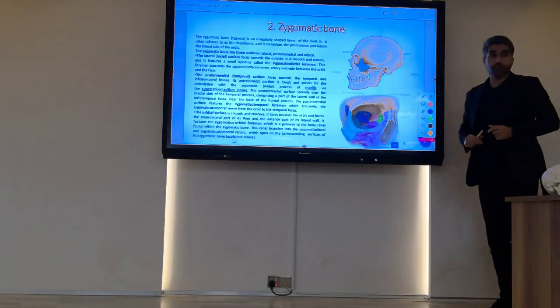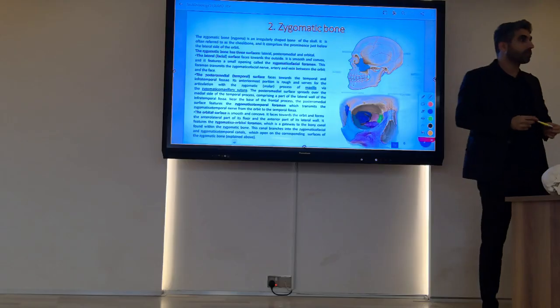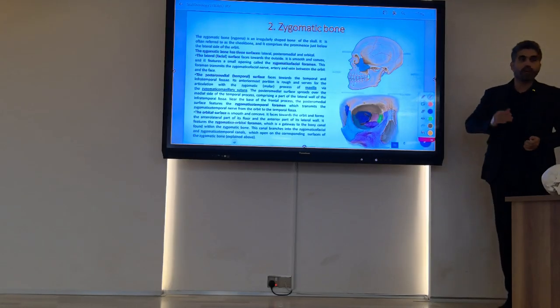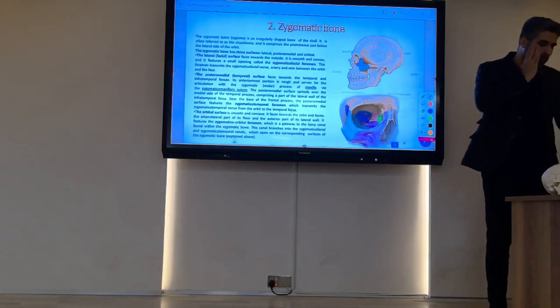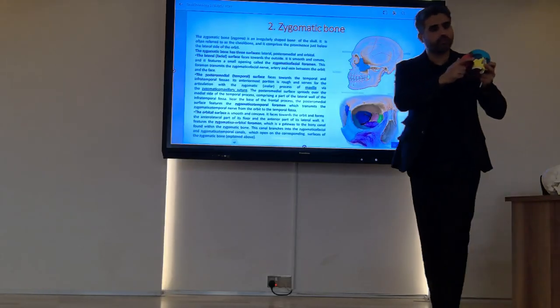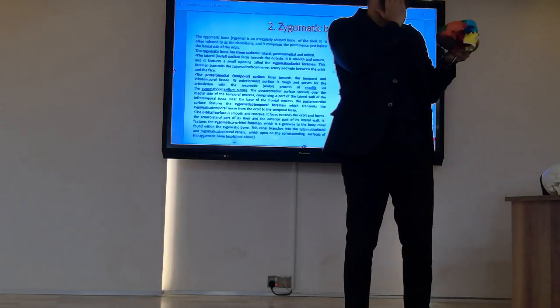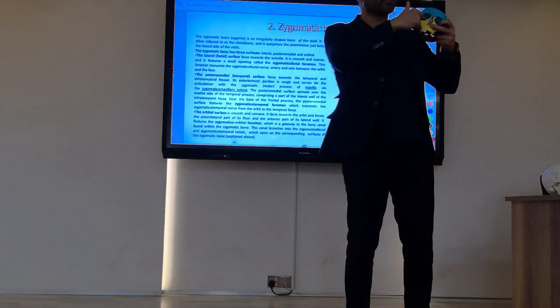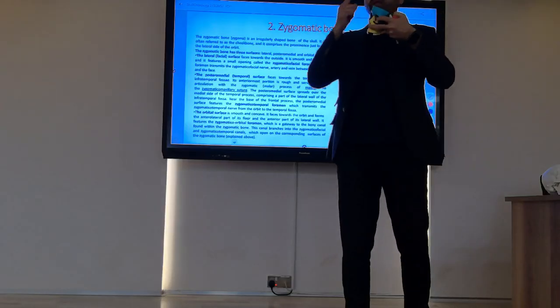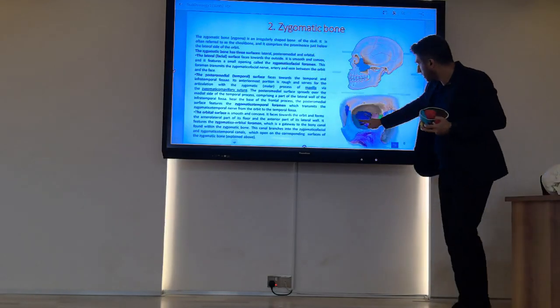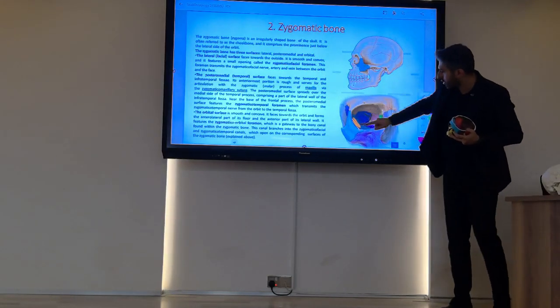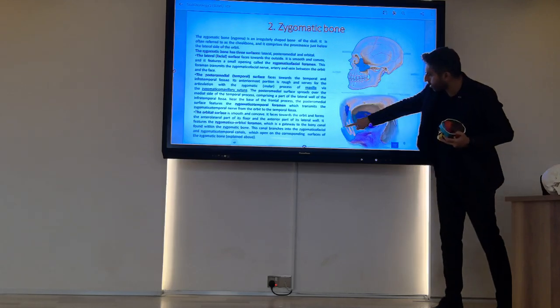It has also 3 surfaces. One surface in the face. We say facial surface. It's in the face. You can touch it. One surface in the orbit. Yes, lateral wall of the orbit. You can touch it. It's here. This surface, orbital surface. This surface is facial surface.